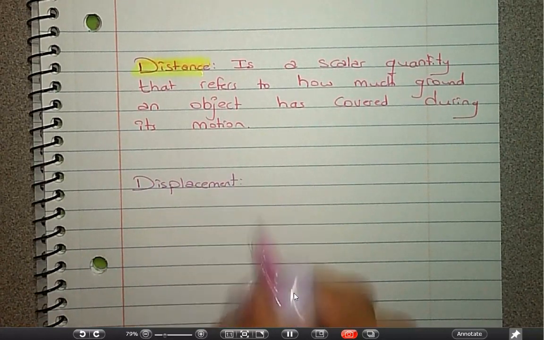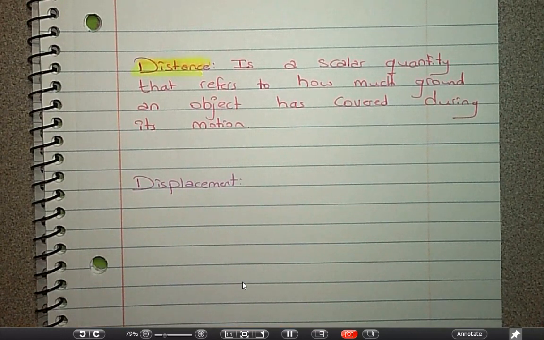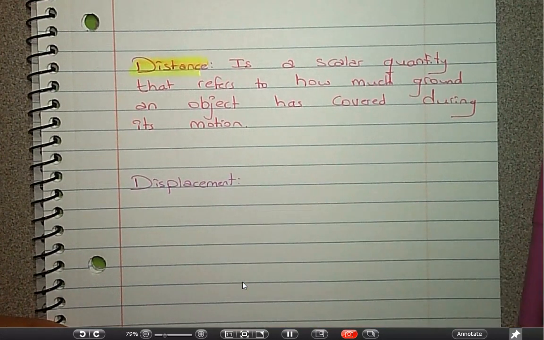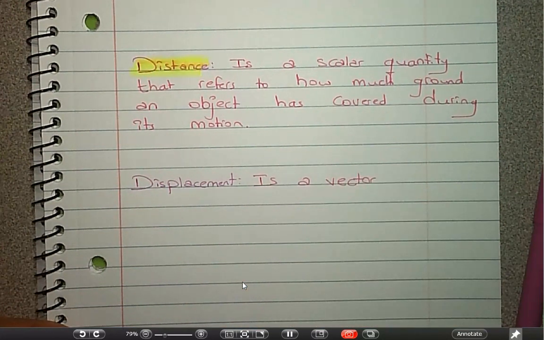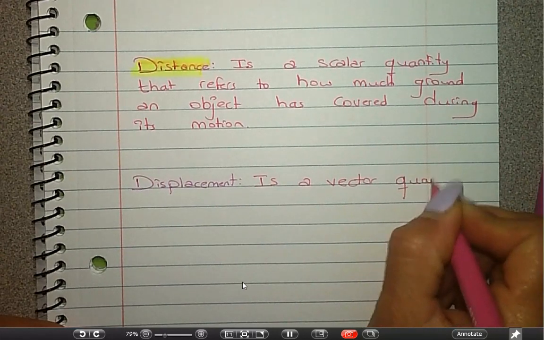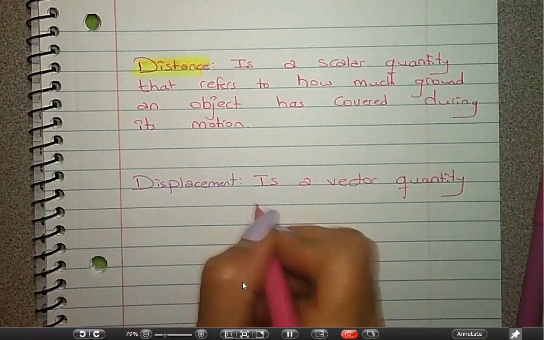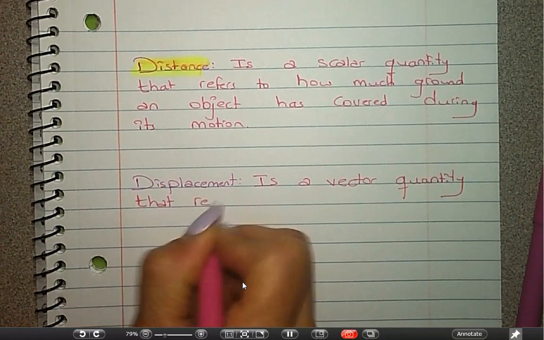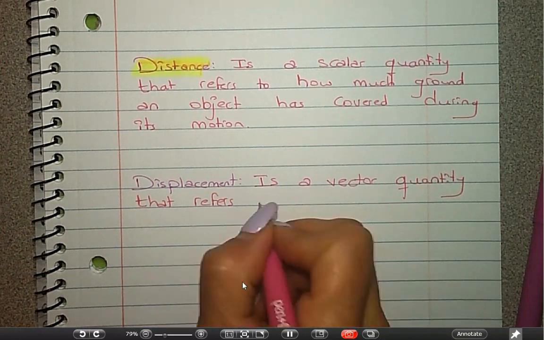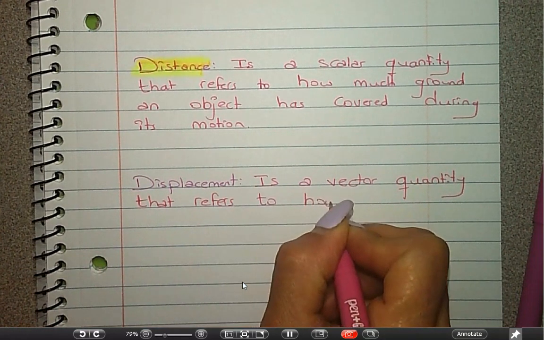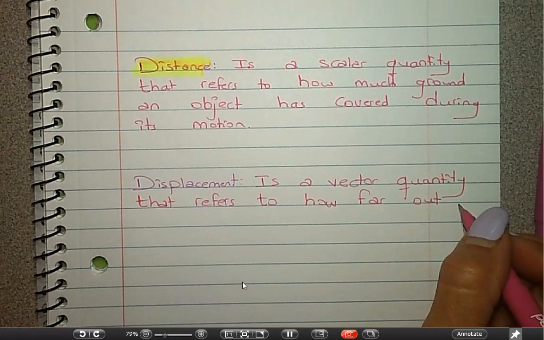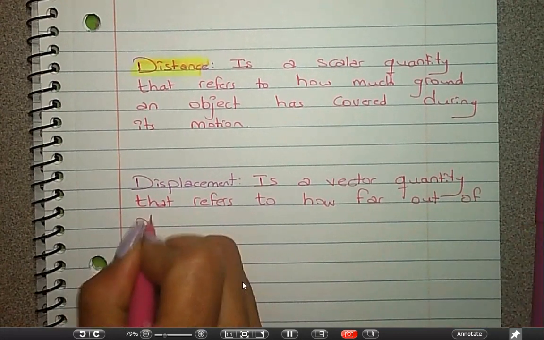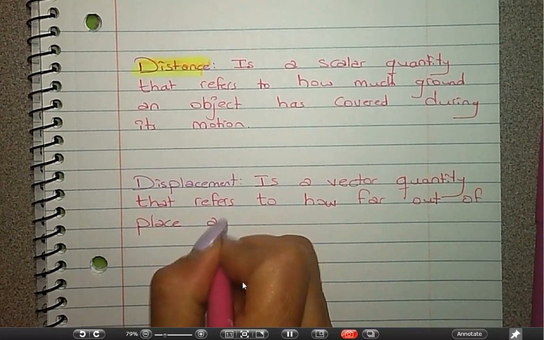Now, what is a displacement? Displacement is a vector quantity that refers to how far out of place an object is.